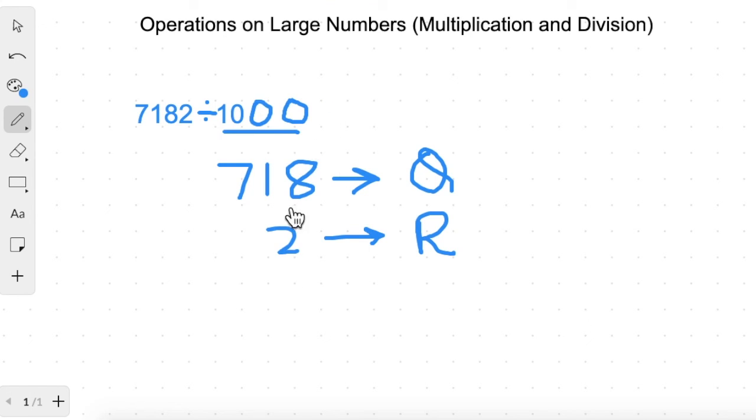Your remainder and quotient will always be in a pattern. Just try to observe that pattern. So children, I leave you on this and I hope that you will try and find out why is quotient and remainder the way that they are coming. How can we find quotient and remainder without actually doing long division?